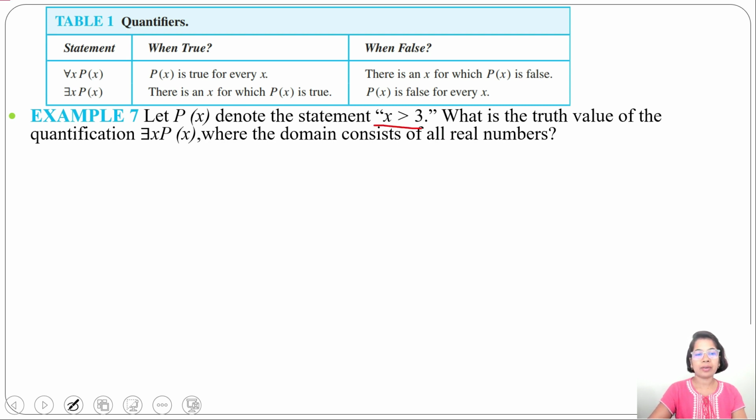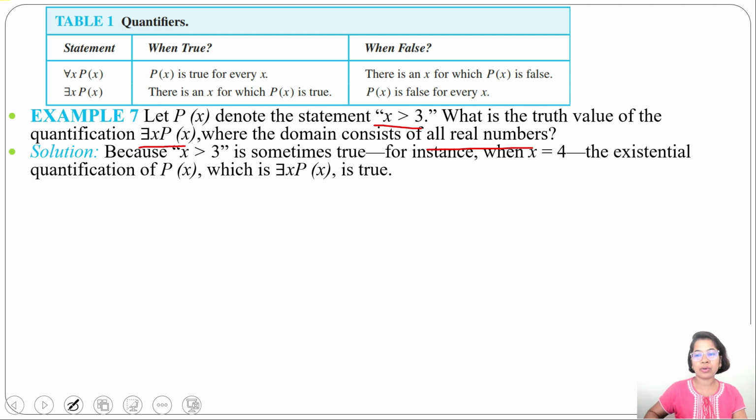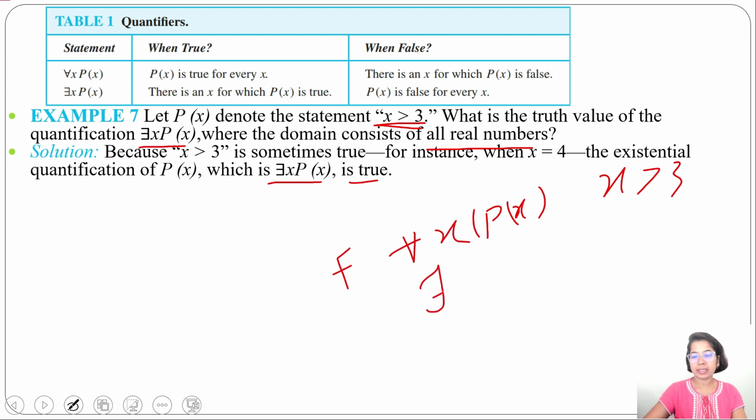What is the truth value of the quantification there exists x Px, where the domain consists of all real numbers? For x equals 4, this is true. If for at least one value x is greater than 3, then there exists x Px is true. So for all x Px is false, and there exists x Px is true.